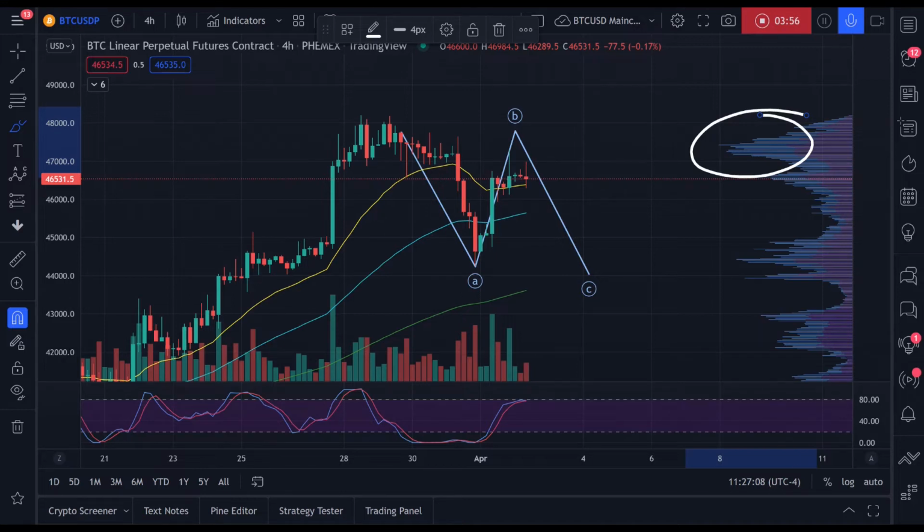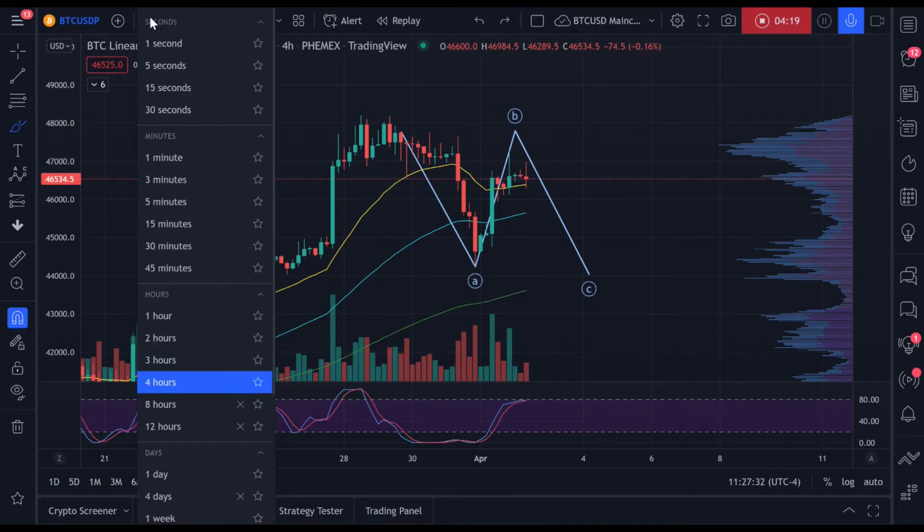And their stops are up here. That's what this is showing me. They're short and they've got their orders up here, and so price wants to go there to create liquidity, to create more flow, okay?